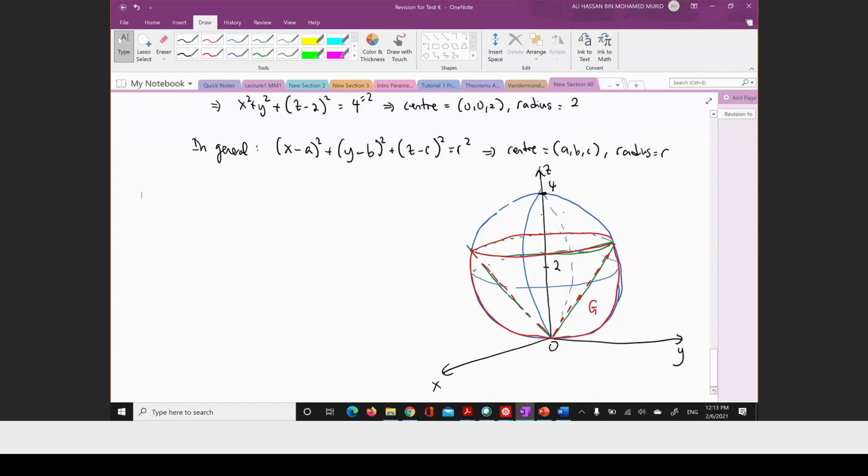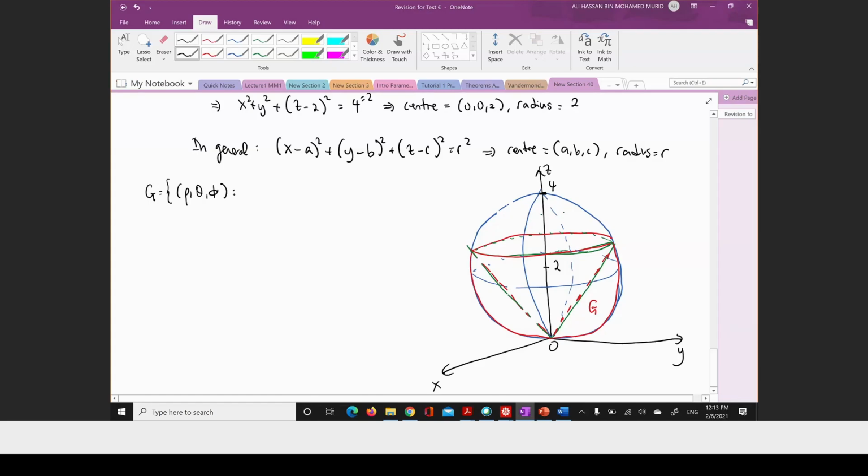Okay, so let's determine the object G in terms of spherical coordinates: rho, theta, and phi. What is rho between? Rho, the sphere.